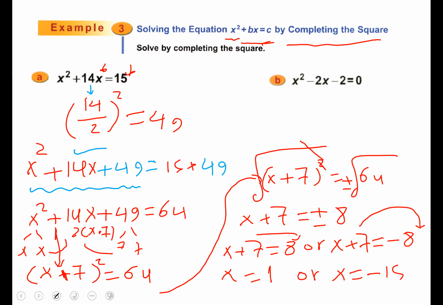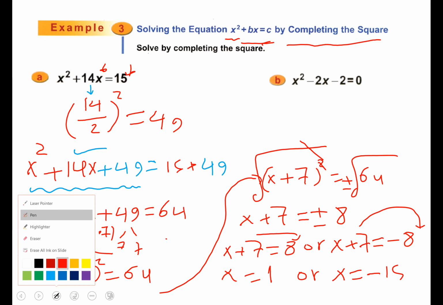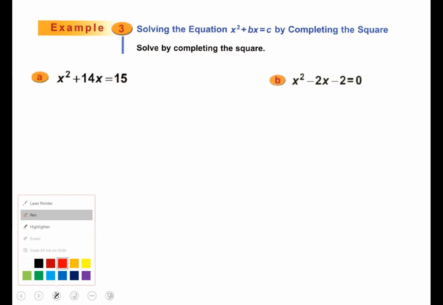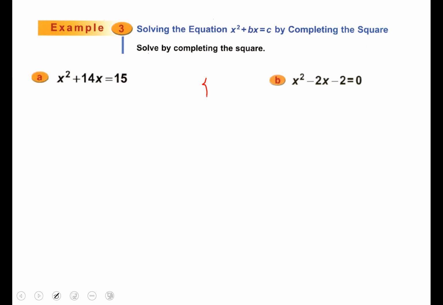And for the second one, guys, let me clean the screen because we don't have enough space. Look here. We have x squared minus 2x minus 2 equals 0. What should you do to get the perfect trinomial?